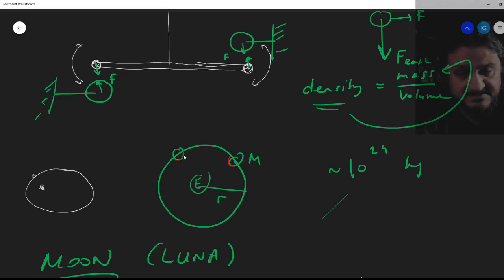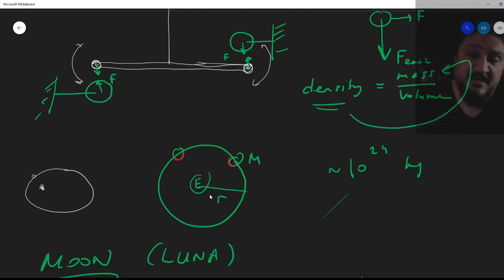Why is that? Because just like Earth is rotating around an axis, the Moon also rotates around an axis. But that rotation around its own axis and the Moon's revolution around the Earth have the same period. It takes the same time.